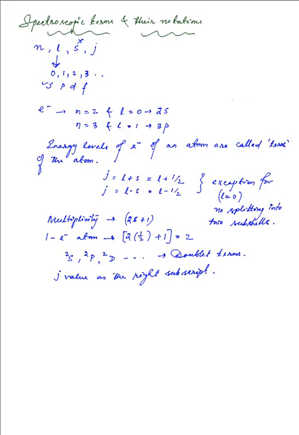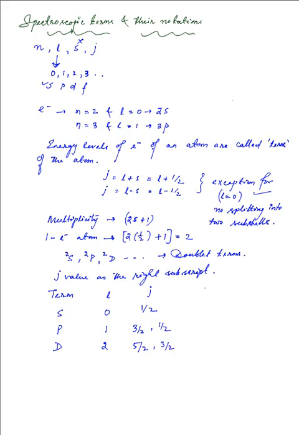So we have the terms over here to be S, P, D, and we have the values corresponding to L equal to 0, 1, and 2. You have the value of J, for S being fixed in this case, that is half, as I mentioned over here, and then we have the values of J to be 3 over 2 and half in this case, and finally 5 over 2 and 3 over 2 in this case.